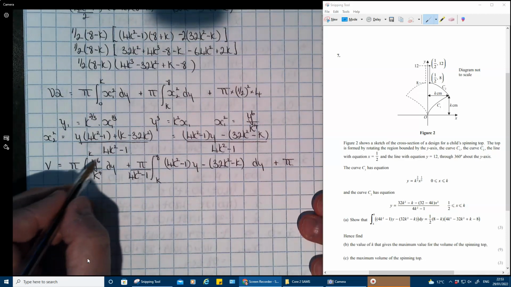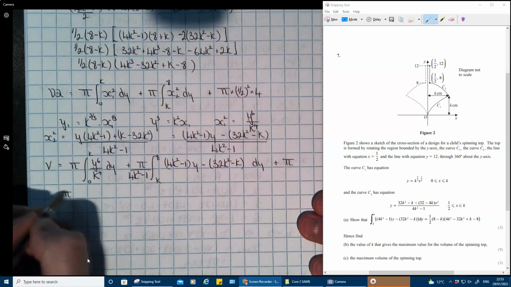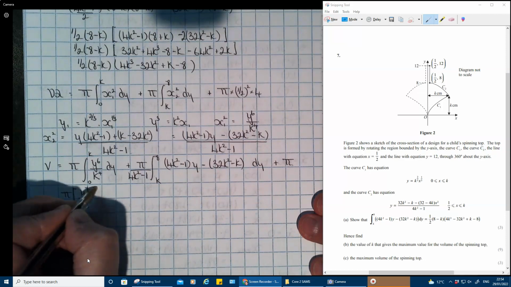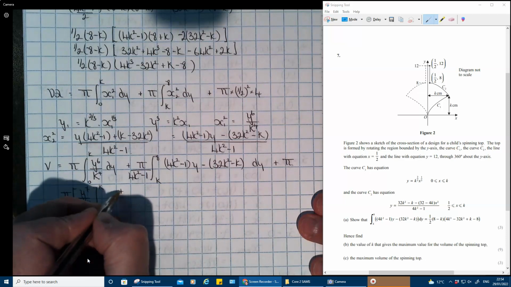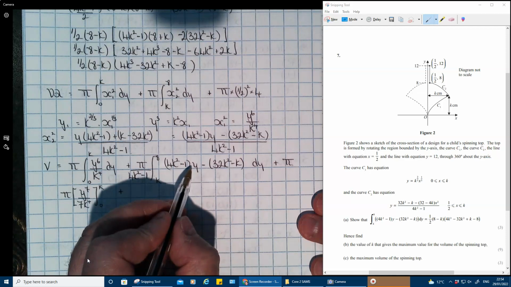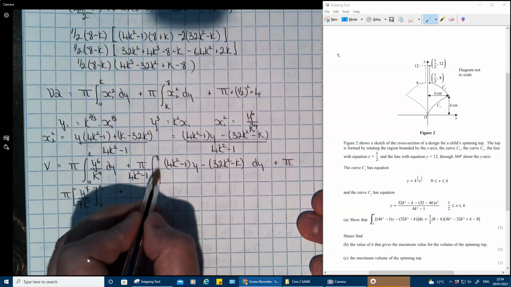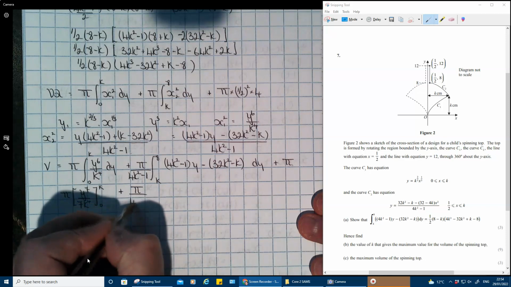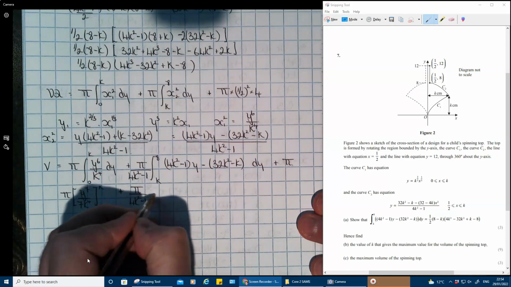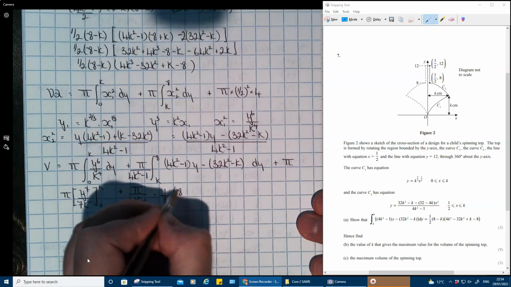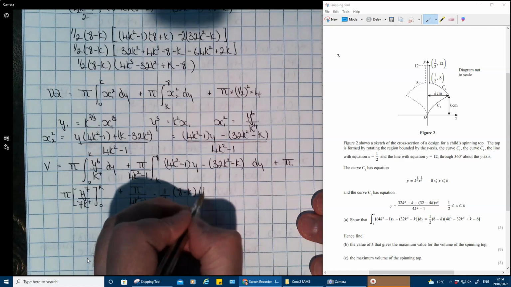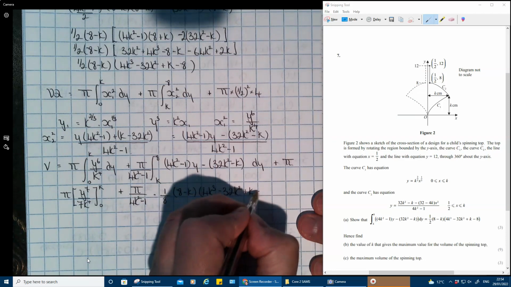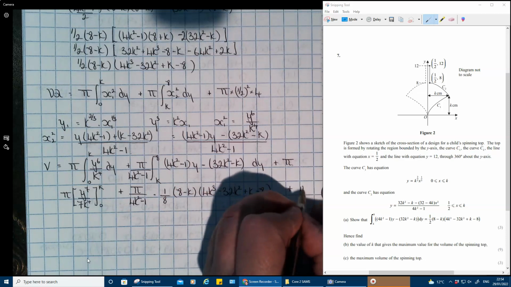Now this first one is going to be y to the 7, so it's pi y to the 7 over 7k to the 4 between k and 0. The second one, we know the integral of this because we did it in part A earlier. So this equals pi over 4k squared minus 1 times an 8 minus k times 4k cubed, plus pi.